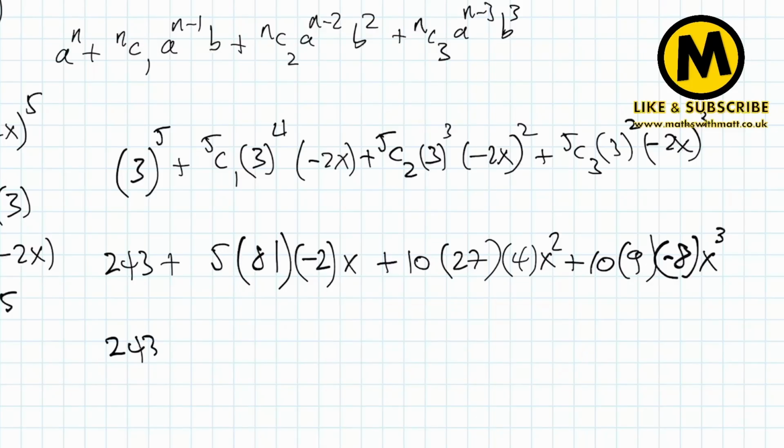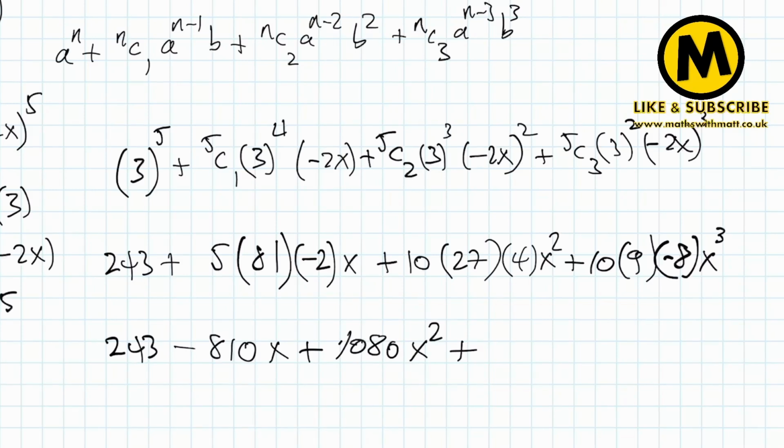Now we have 243 plus 5 times 81 times 2 is 810, but there's a minus on the 2, so that makes this minus 810x, plus 10 times 27 times 4 gives us 1080x squared, plus 10 times 9 is 90, times 8 is 720.